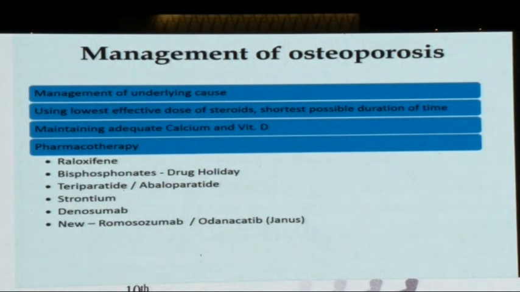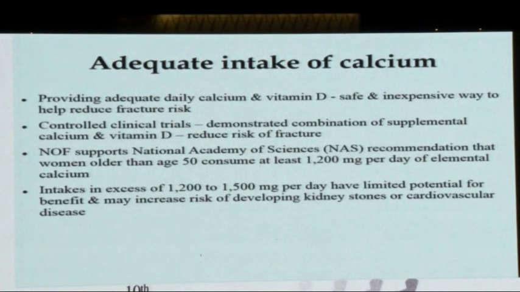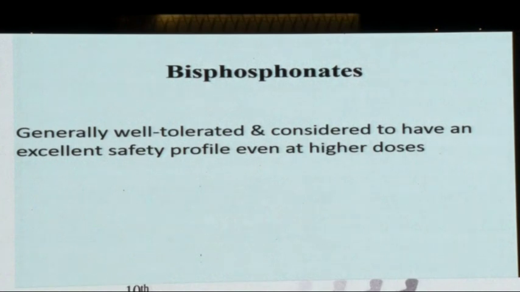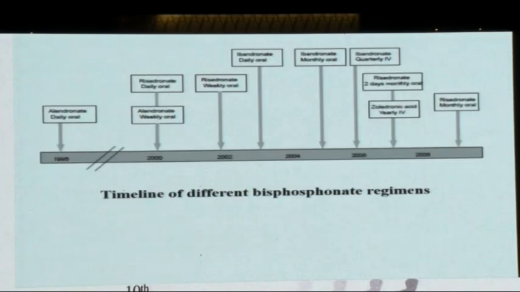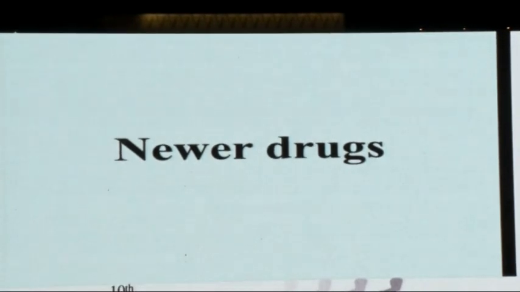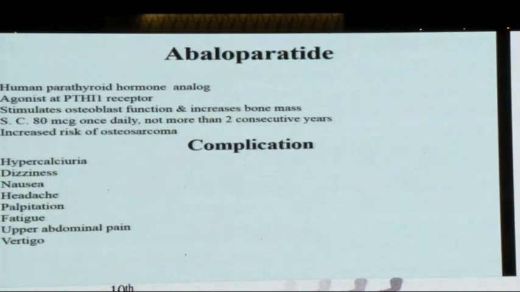They are also in use, but the two newer drugs, romosozumab and odanacatib, are also important. But talking about osteoporosis, we must emphasize that adequate intake of calcium and vitamin D is equally important. All of us are aware about bisphosphonates, but the drug holiday that we have to take after 3 to 4 years is very much important.